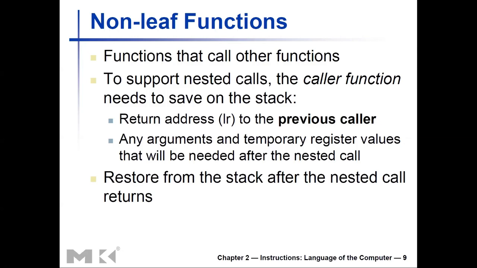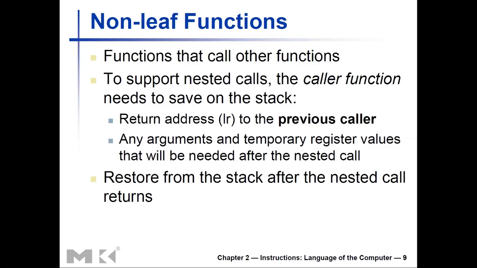Now say you are inside the first function that was called, and there are certain arguments passed on to that function. If you want to use those arguments after the nested call, you want to preserve them. But that preservation, or saving them in the stack, has to be done by the first function.